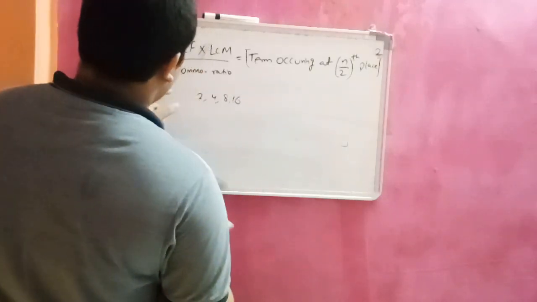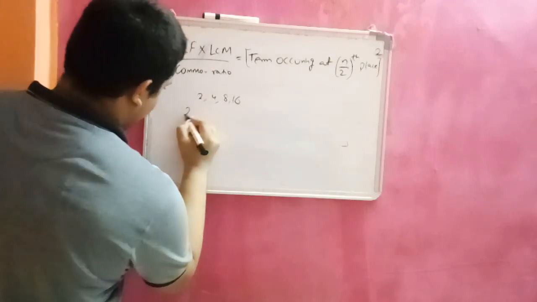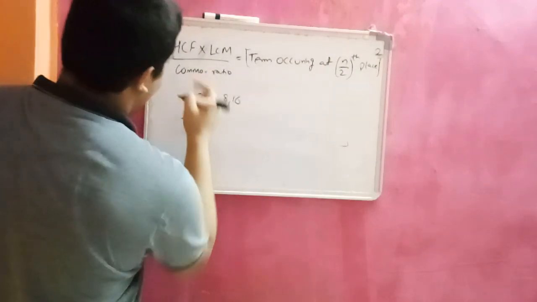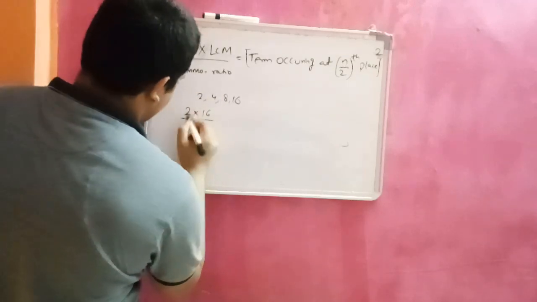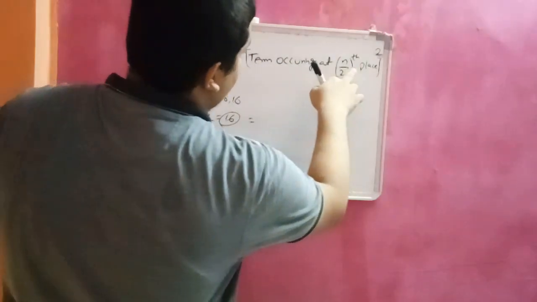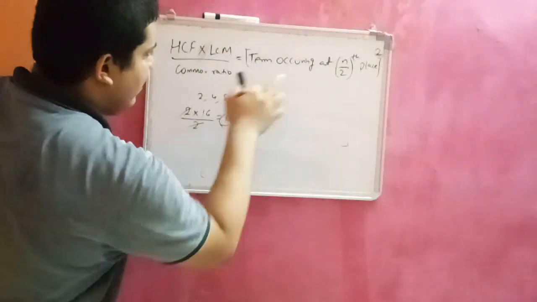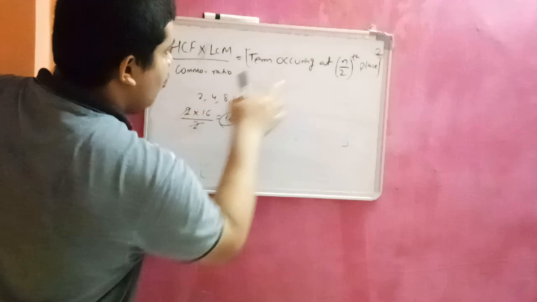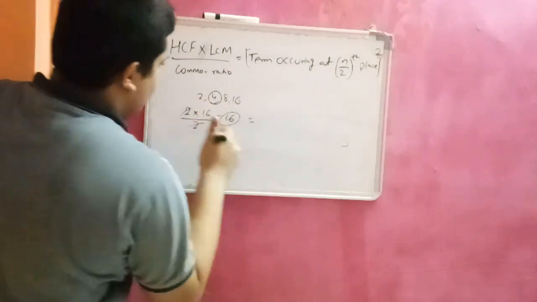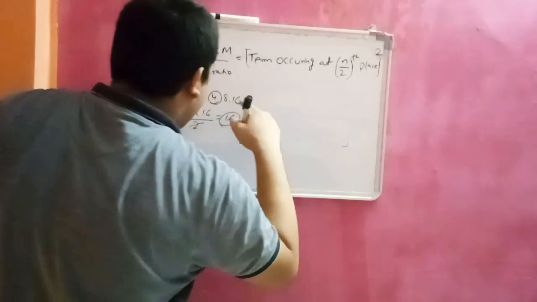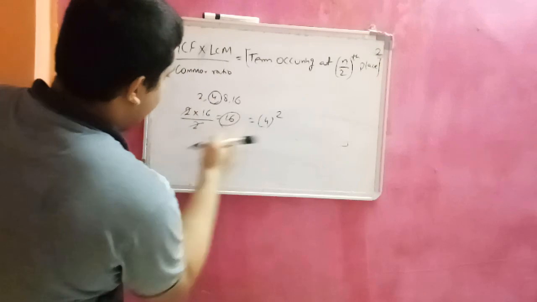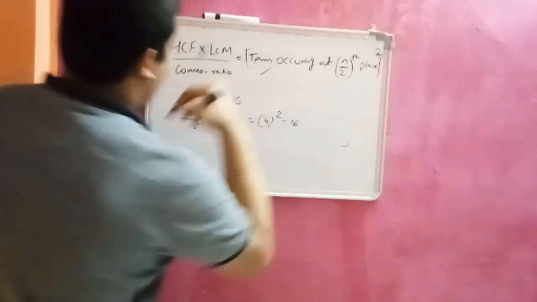Its HCF is always first term, that is 2, into LCM, its last term, that is 16, by common ratio, which is 4 by 2, equals 16. This is equal to the term occurring at n by 2th place squared. Here n is 4, so n by 2 is 2, and the term at the 2nd place squared is equal to HCF into LCM by common ratio, that is 16. This is the first relation.